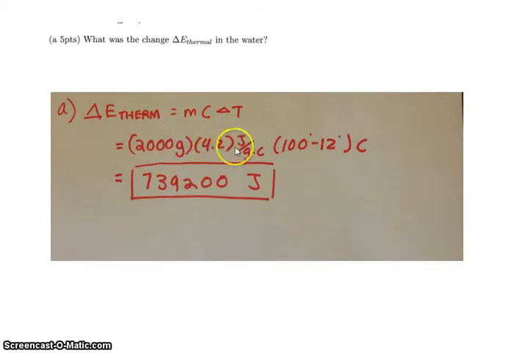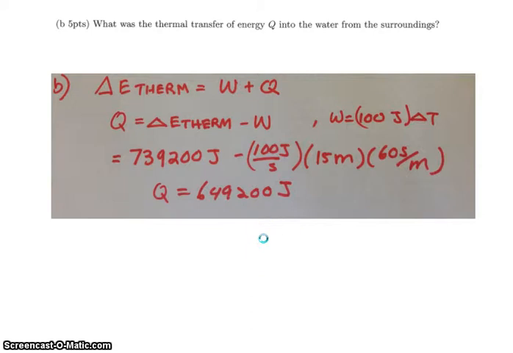We have 4.2, which is the specific heat of water. And we have the change in temperature, which is a final temperature of 100 degrees Celsius minus 12 degrees initial. And we find that the change in E thermal is 739,200 joules.